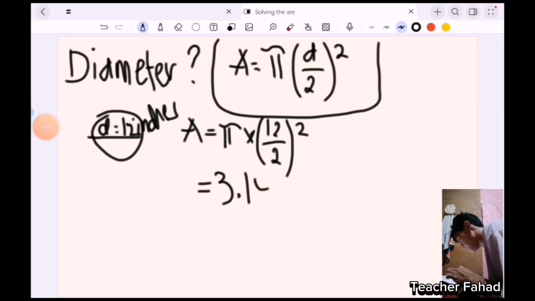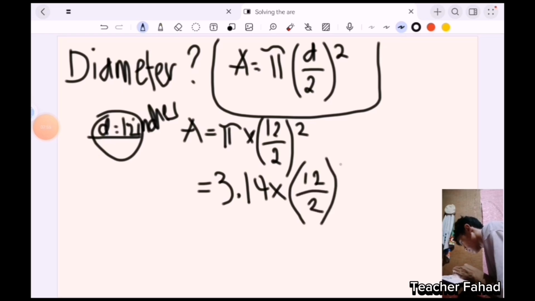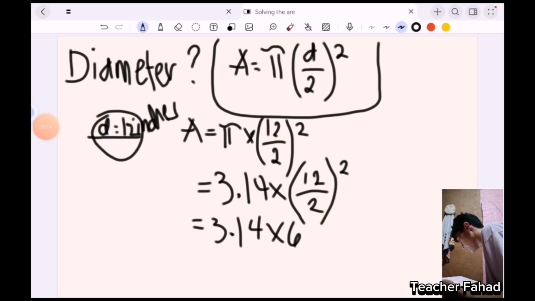3.14. Then, times 12 over 2 square. So, bring down the 3.14. So, 12 divided by 2 is equal to 6. 6 square.